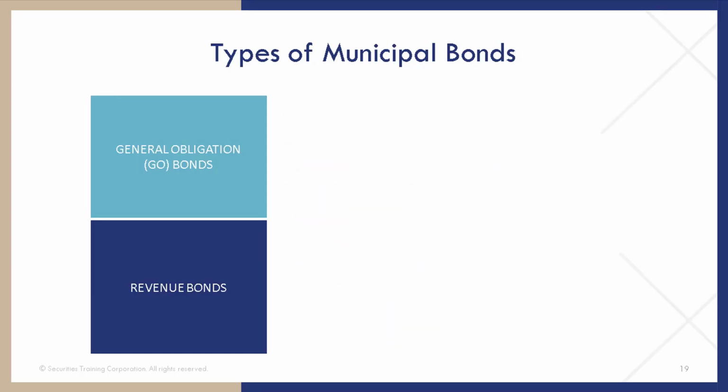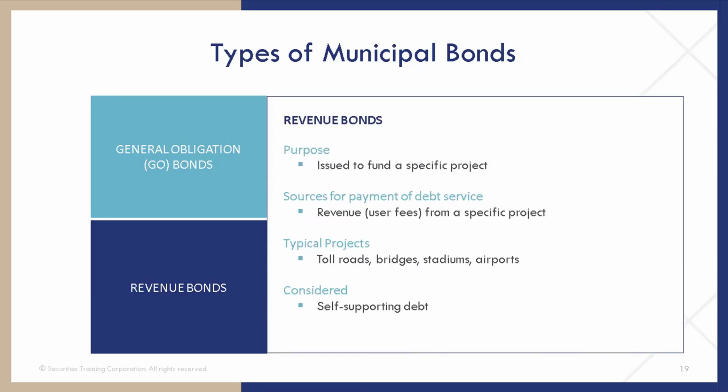Now, revenue bonds are not backed by full faith, credit, and taxing power of a municipality. Instead, it's backed by specific revenue-producing facilities. So this is used more to finance a specific project, such as a toll road, a bridge, a tunnel.